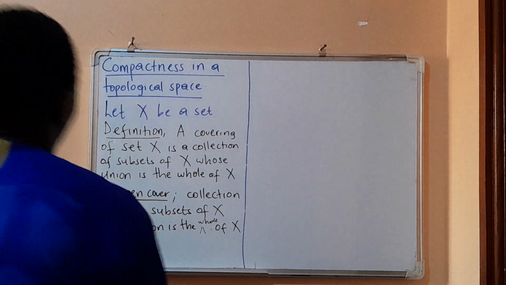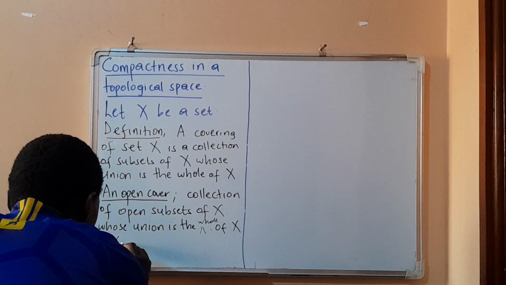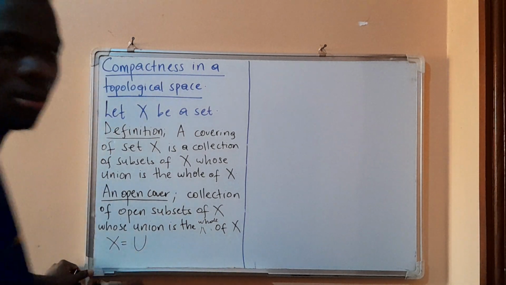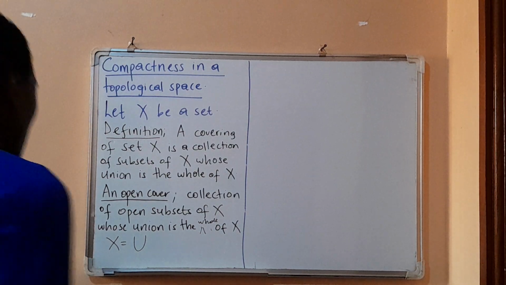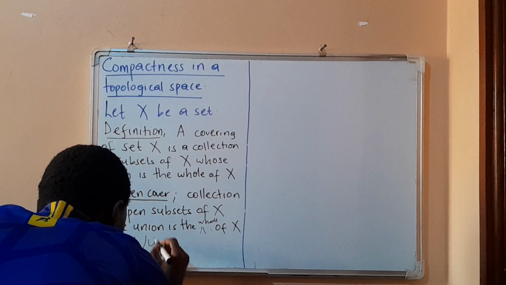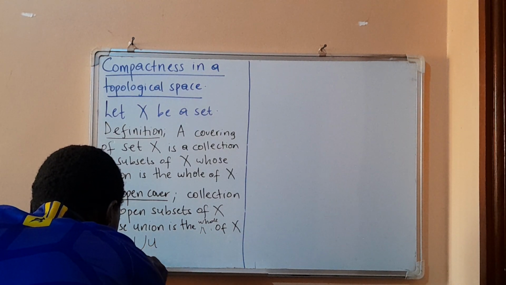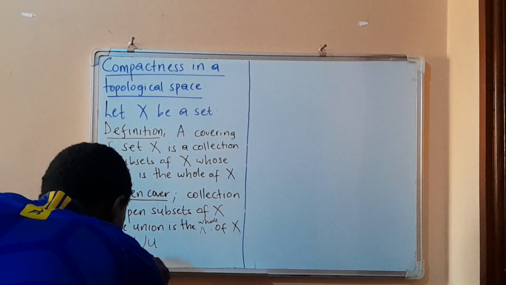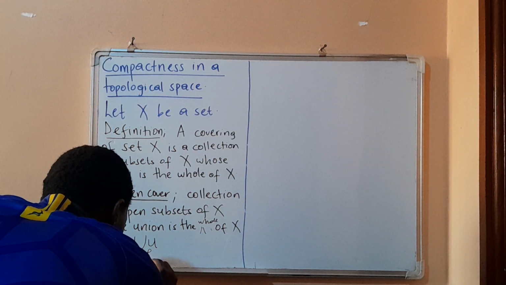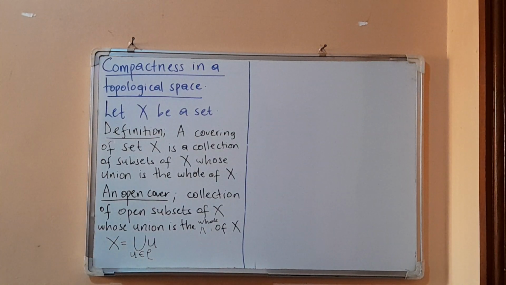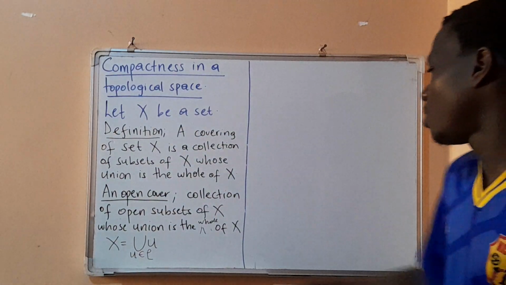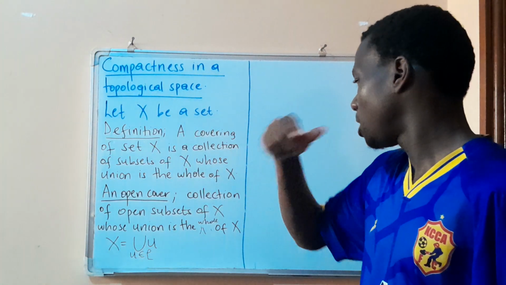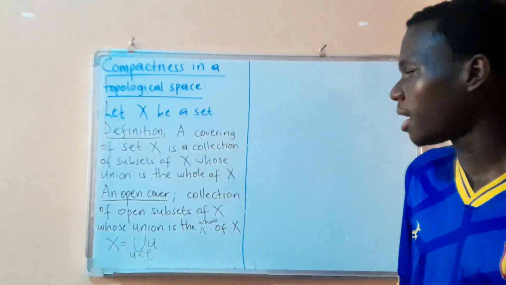So in this case, X is equal to the union of sets U, whereby these sets are coming from that collection. This curl symbol is representing the collection of those sets.